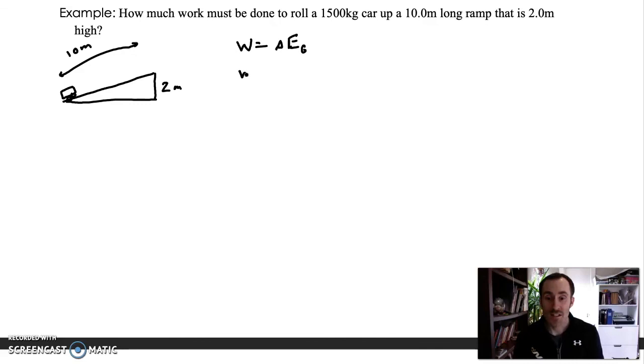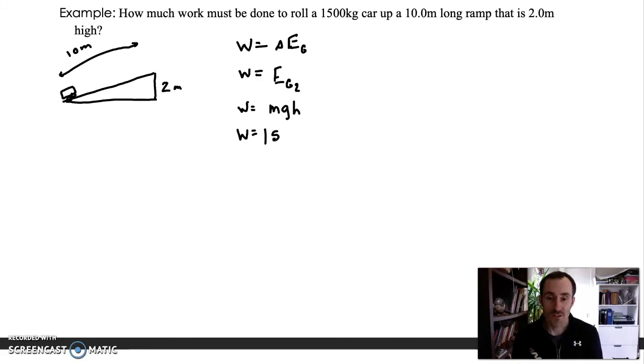So in this case, the work that is done to move the car that distance and lift it that height is just final gravitational potential energy, because that's how much gravitational potential energy needs to be added to the car. So then we can just do work is mass times 9.8 times that 2 meters.